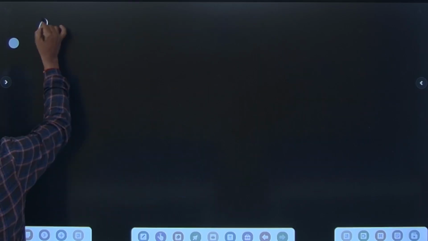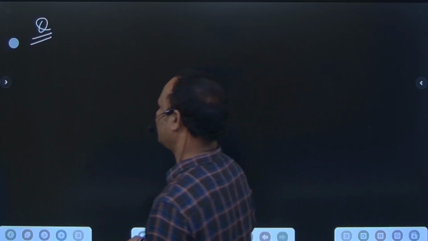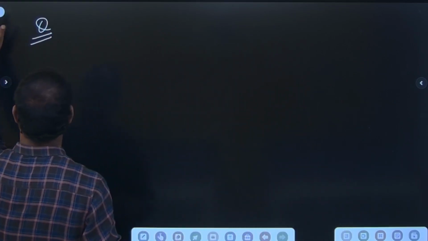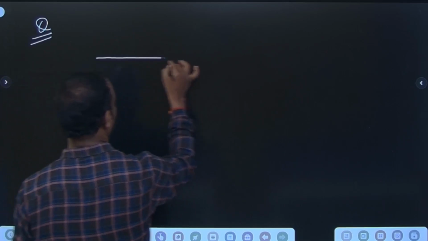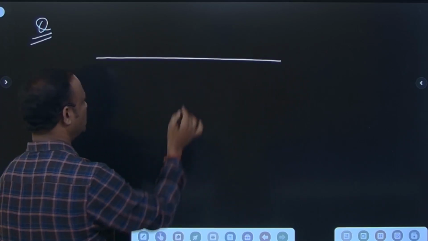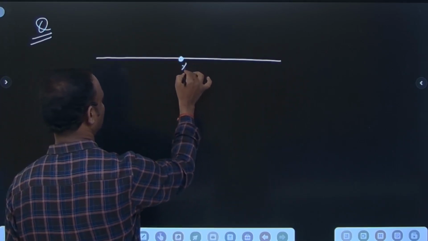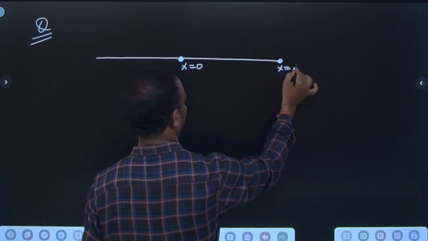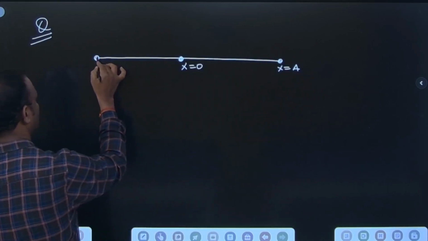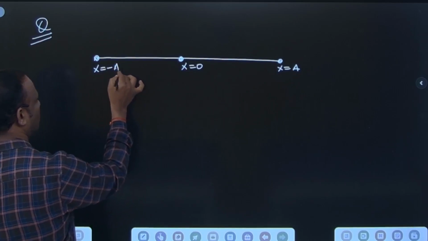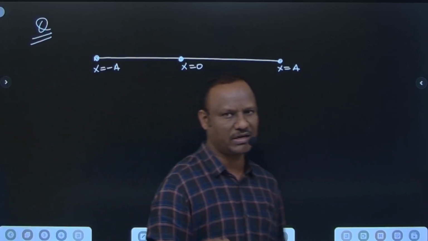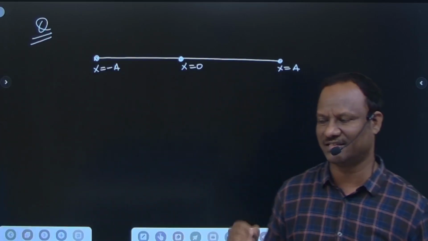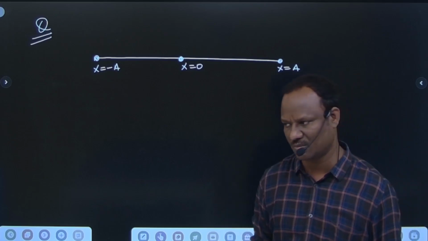Now for question number 1, I'm giving the situation. Here x is equal to 0 at the mean position, x is equal to a and x is equal to minus a. Every question starts with a particle executing simple harmonic motion.